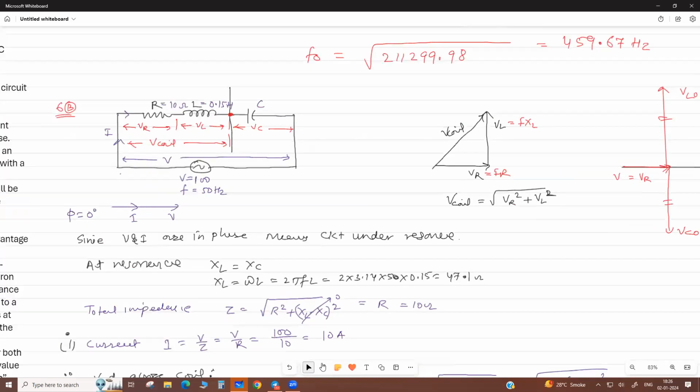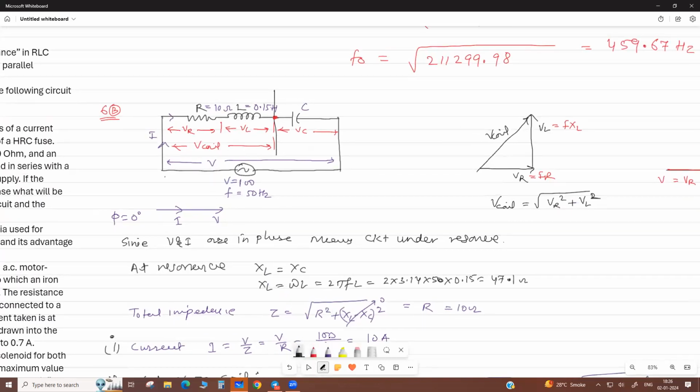If we put the voltmeter across the total circuit, what value do you get? 100 volt only. If we put a voltmeter up to here, then what value do you get? 481. Correct. So this is the way.